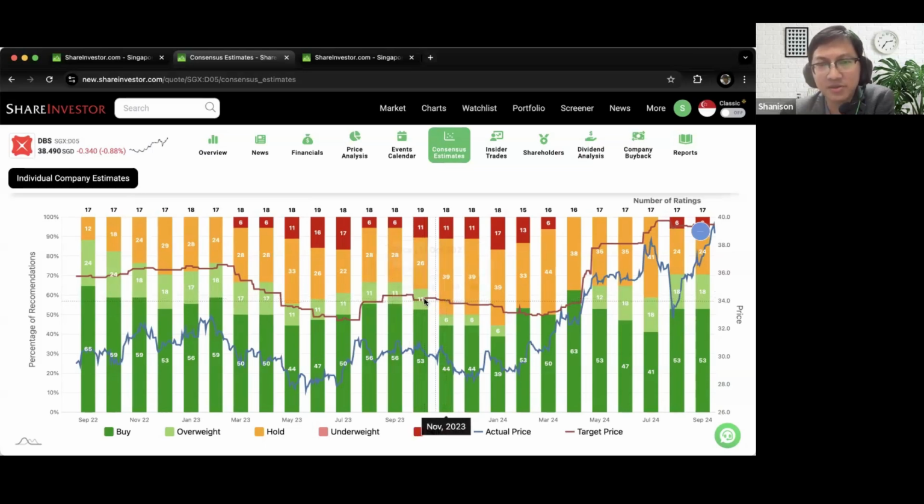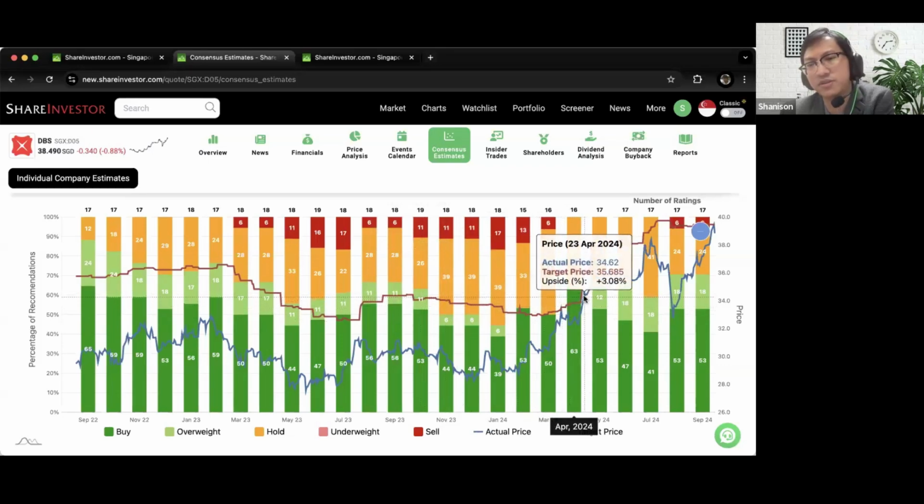So 1 month, 2 months, 3 months, 4 months, 5 months, 6 months. And you see the underlying price does hit the target price. Just now we said 34, and the actual price is 33. So come one more month, it's about 34 already.